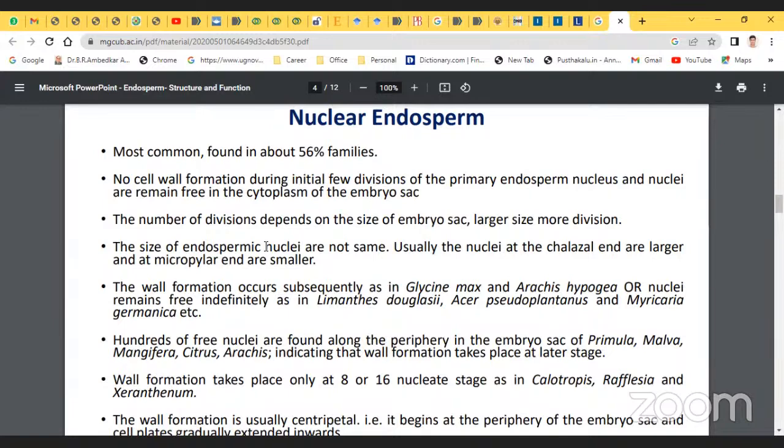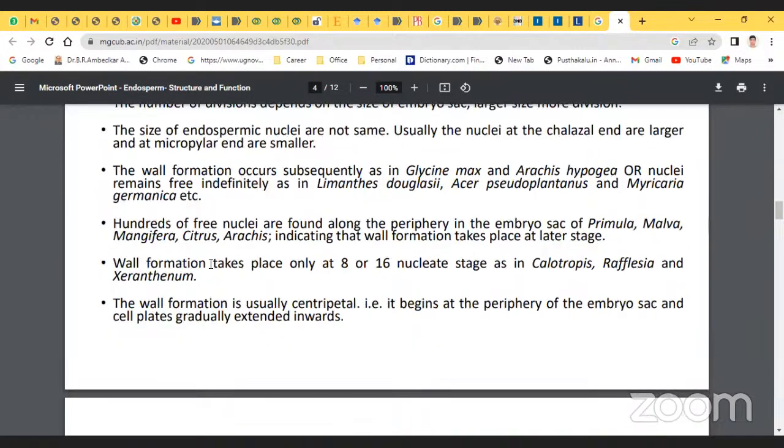These are nuclear endosperms, and hundreds of free nuclei are found along the periphery of the embryo sac of Primula, Malva, Mangifera, Citrus and Arachis. These indicate that wall formation takes place at a later stage. The wall formation takes place only at the 16 to 18 nucleate stage in some species, like Calotropis, Rafflesia and Xeranthemum.